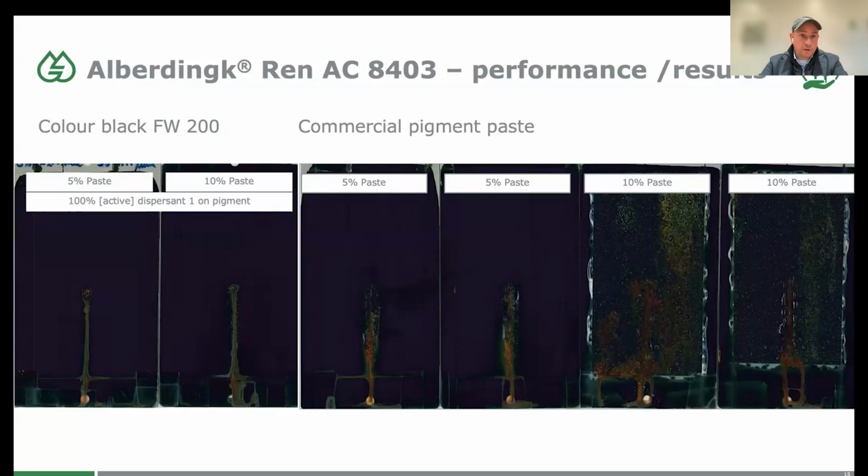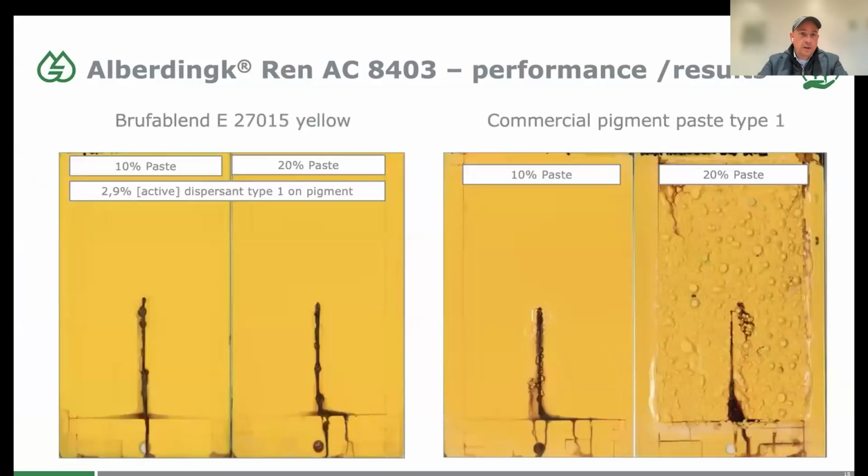But since metal coatings or industrial metal coatings are very often not just only black or white or gray, you can also ask, okay, what happens if you have a daffodil yellow color? How am I going to achieve that? Because these organic yellows are even worse in dispersing additive demand.